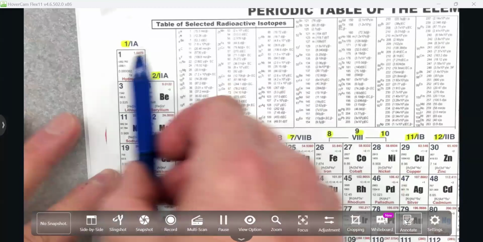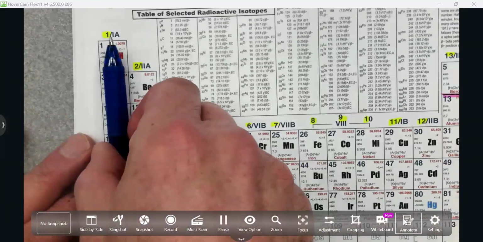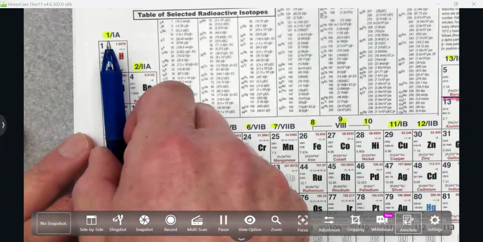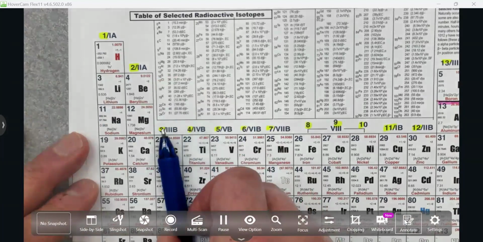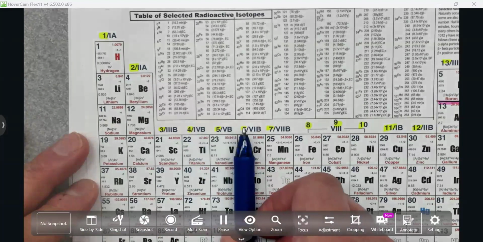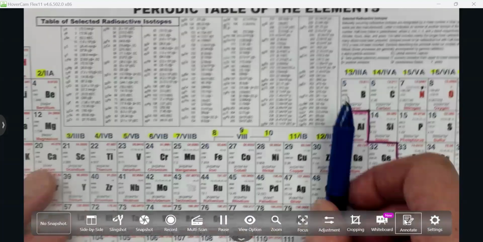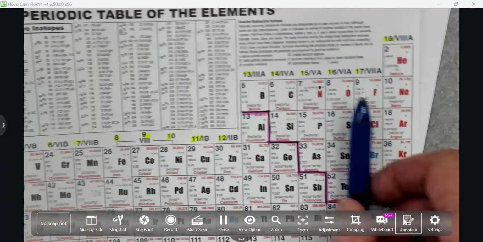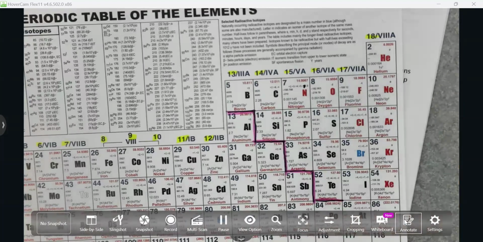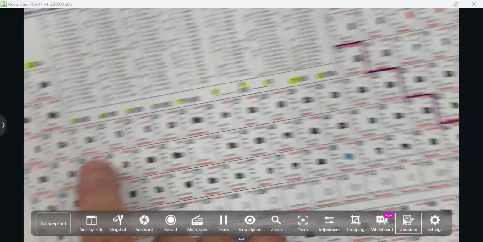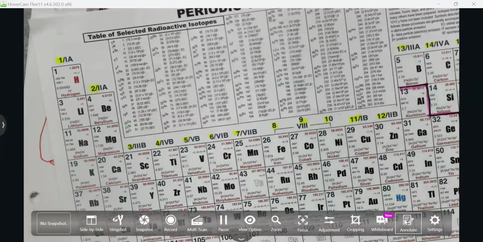But 18 vertical columns. Here's column 1, column 2, but it could also be 1A, 2A. I'm going to use the 18 numbers, 1 through 18. So 1, 2, 3, 4, 5, 6, 7, 8, 9, 10, 11, 12, 13, 14, 15, 16, 17, 18. It is much clearer because some textbooks will call this an A or something, but just 1 through 18.